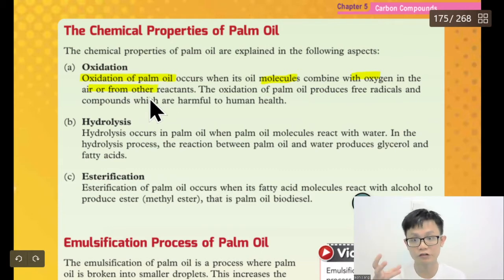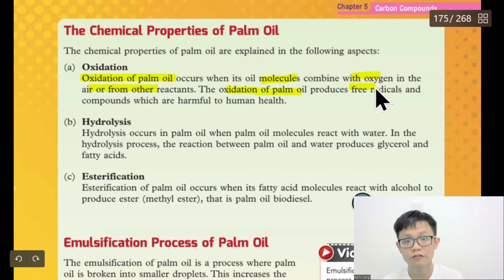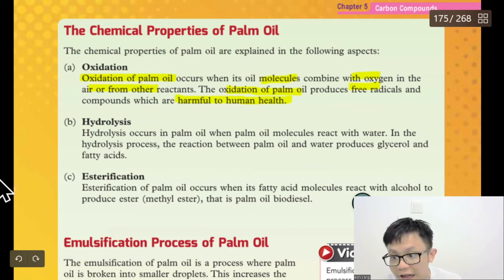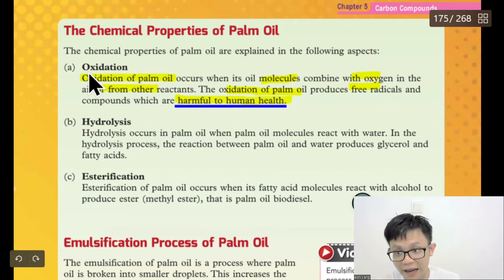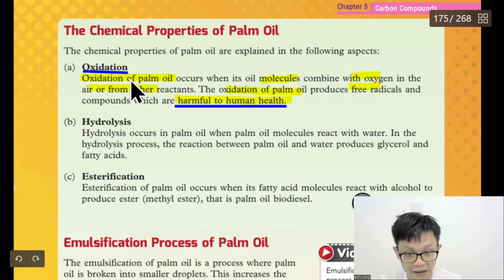When we process it, it undergoes a process of oxidation. The oxidation of palm oil produces free radical compounds which are harmful to human health. I highlight this so you know. They undergo a process called oxidation and it is harmful to human health.